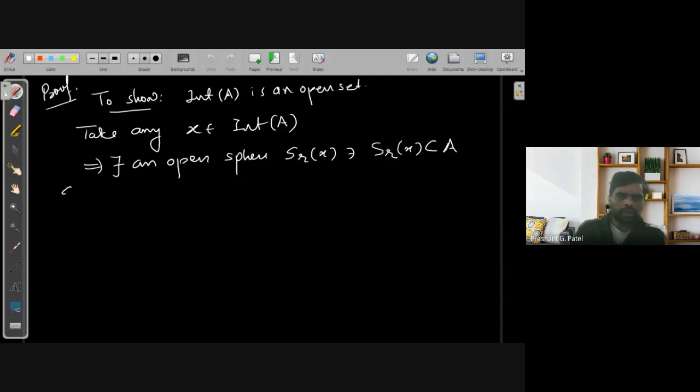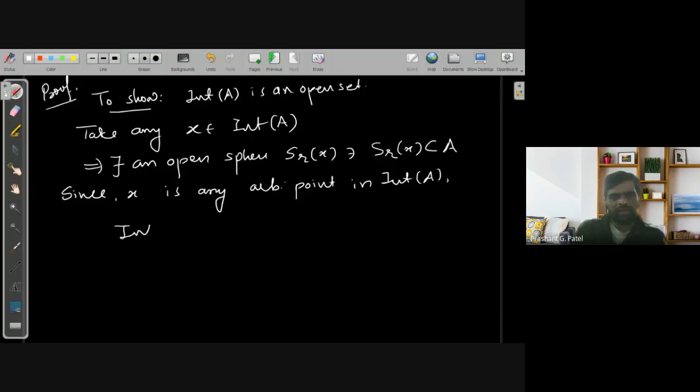Since this x is any arbitrary point in the interior of A, can I say that the interior of A is made up of the union of all these open spheres?